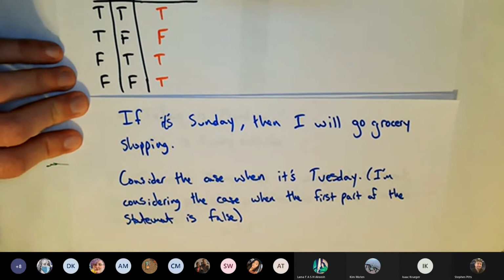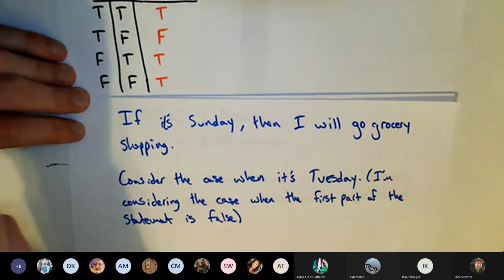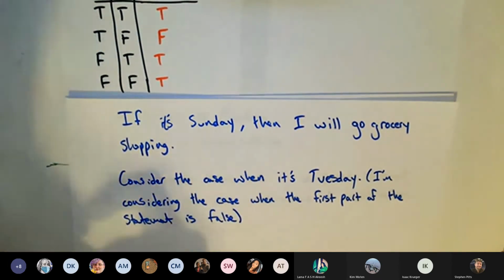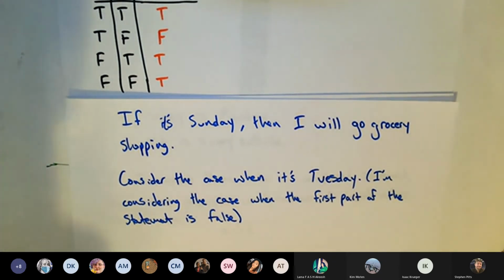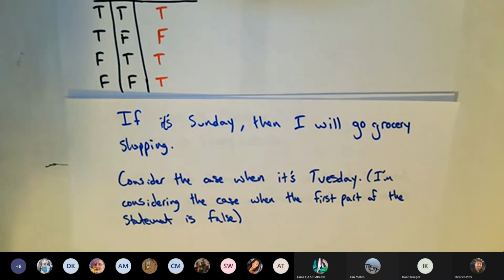Consider the case when it's Tuesday. Okay, so our setting is it's Tuesday. And I say out loud, if it's Sunday, then I will go grocery shopping. Let me hang on. I know I'm going slow. Like I know you guys are waiting for the example, but I want to be very careful here. I don't want to make any mistakes or confuse you.